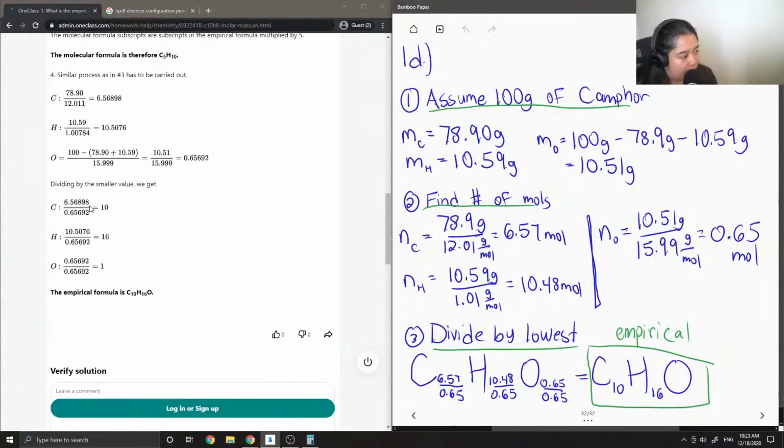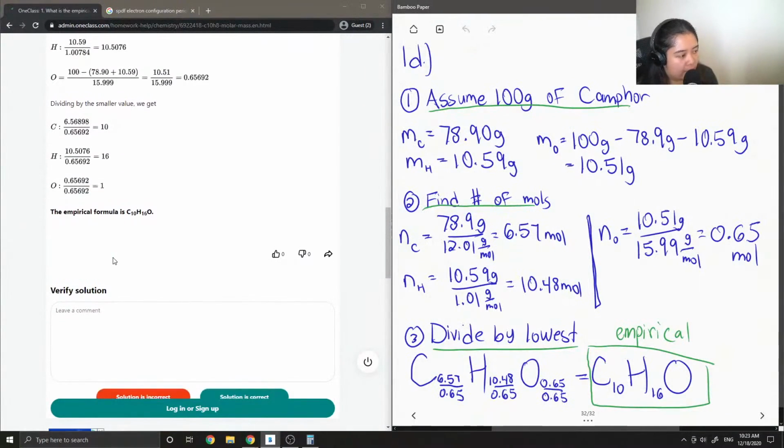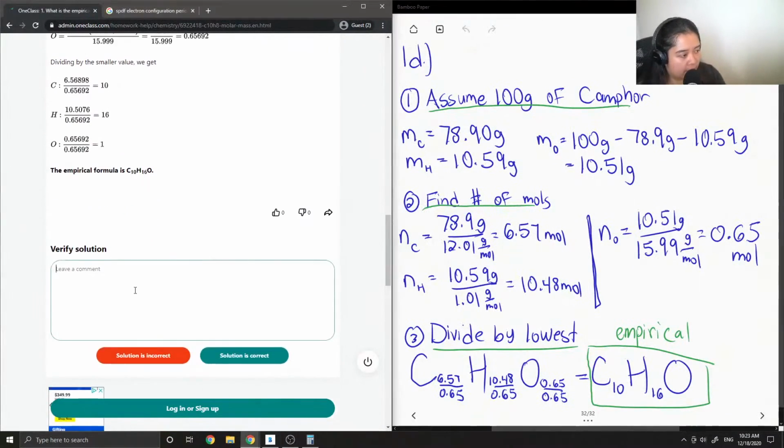Dividing by the smaller value, we get 10, 16, and 1, and their empirical formula is C10H16O. Yep, so this solution is correct. Okay, so that was a long multi-part question number 1.